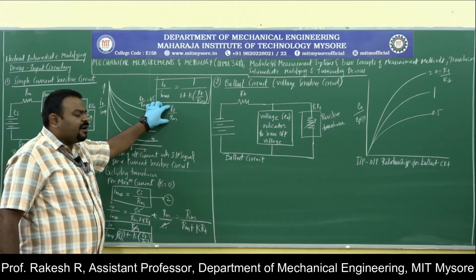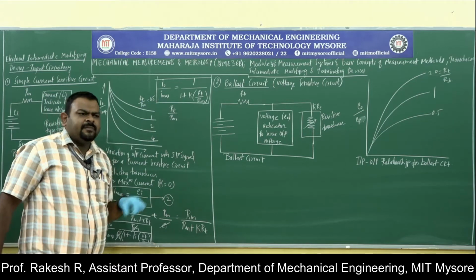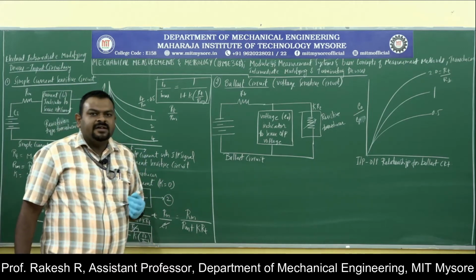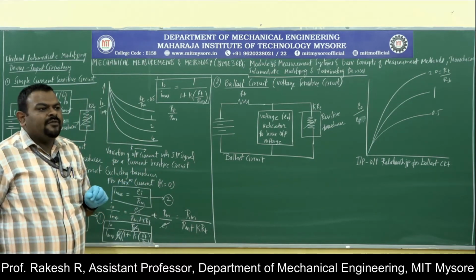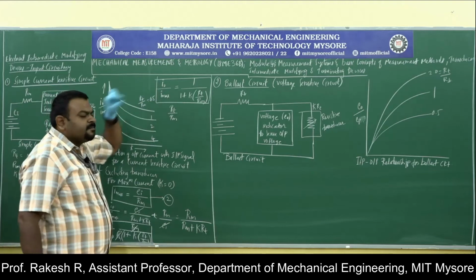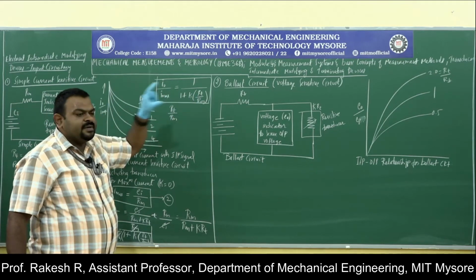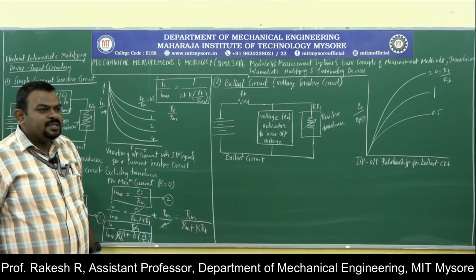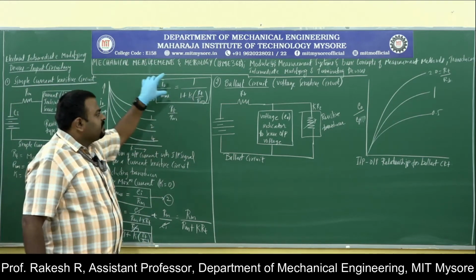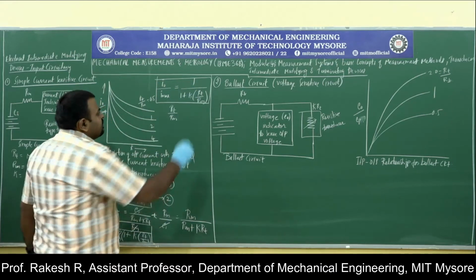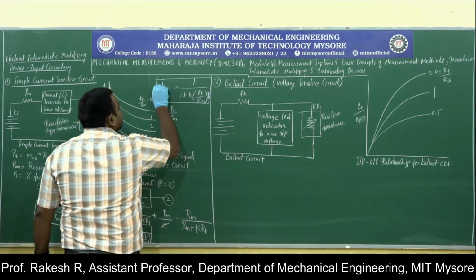If you change RT by RM, if you give RT by RM as 0, 0.5, 1, what will be the value of current? From this expression, RT by RM is in the denominator. Since it is in the denominator, as you increase RT by RM, the current will decrease.